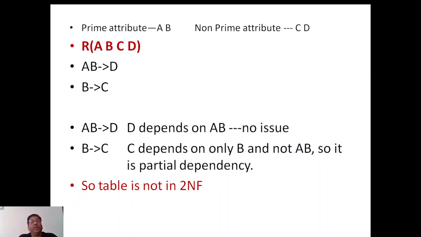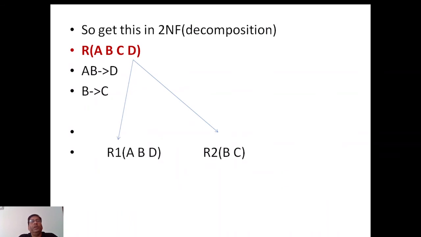If the given relation is not in second normal form, we are going to perform decomposition of this particular relation. So what do we do then? When we can find the value of D with the help of AB, we make ABD a relation R1, and when we can find the value of C with the help of B, we make it one more relation called R2.